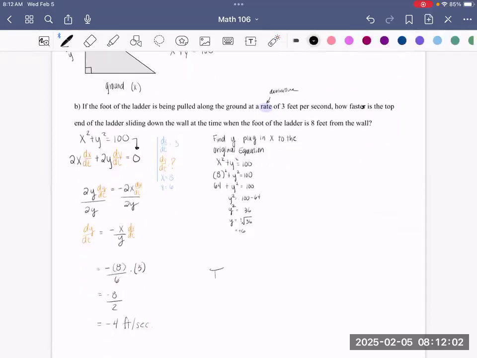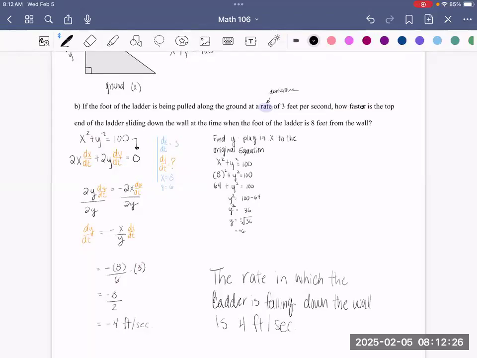So we could say that the rate at which the ladder is falling or sliding down the wall is 4 feet per second. You do not need to say it's negative because you implied that it is falling here.